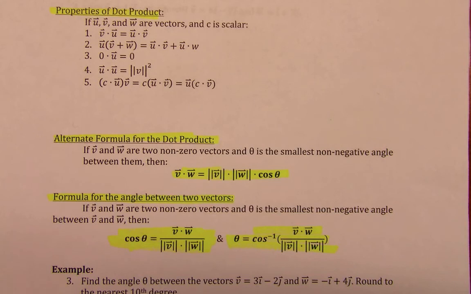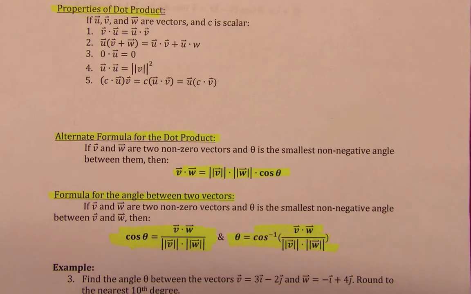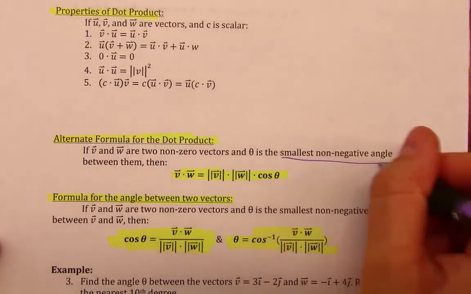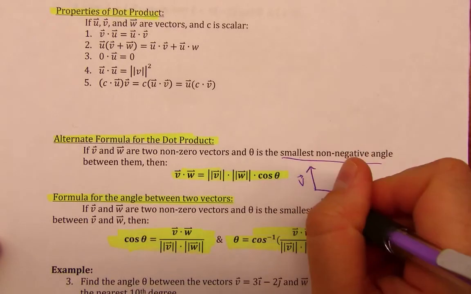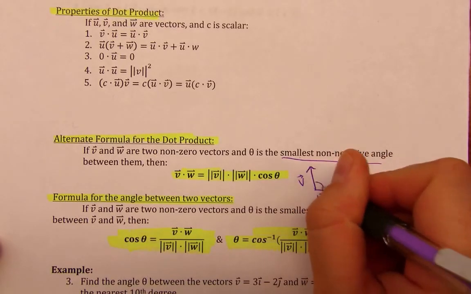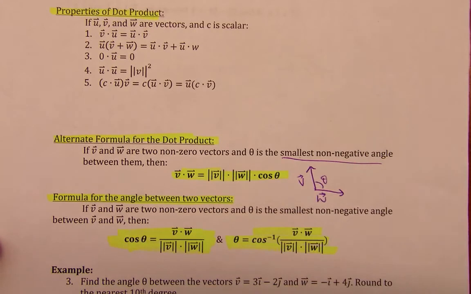Now there's another way that we can do the dot product. If I have vector v and vector w, I can look at the magnitude of each of those times cosine of theta. Now, theta is the angle between these two vectors, and it's the smallest non-negative angle. So vector v and vector w, this would be theta, the angle between them.